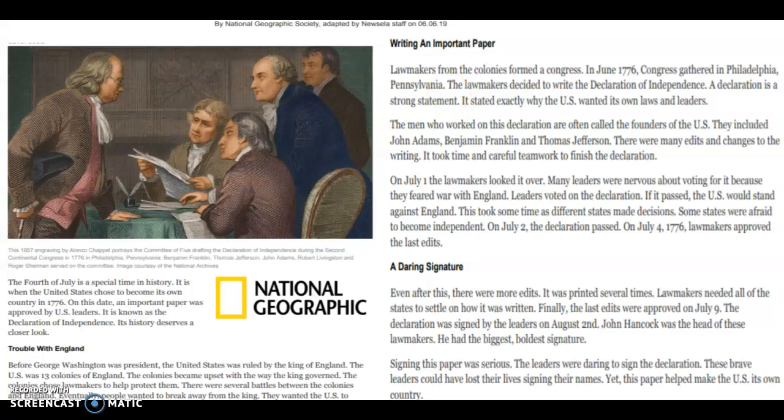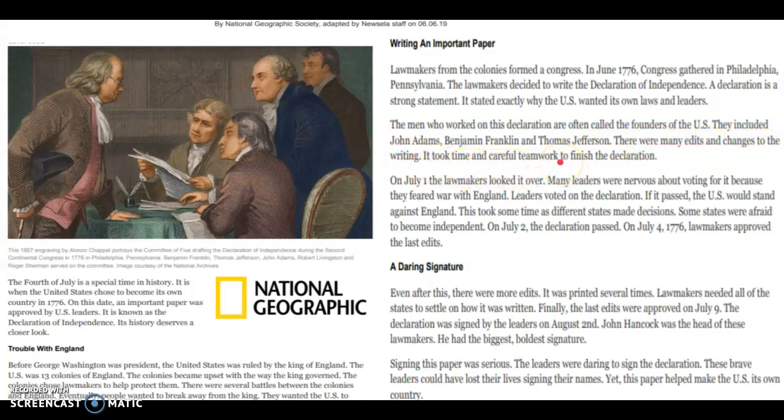The next important detail I want you to highlight is this one. It says there were many edits and changes to the writing. It took time and careful teamwork to finish the declaration. That is another very important detail. So find this on your paper, and I want you to highlight it.